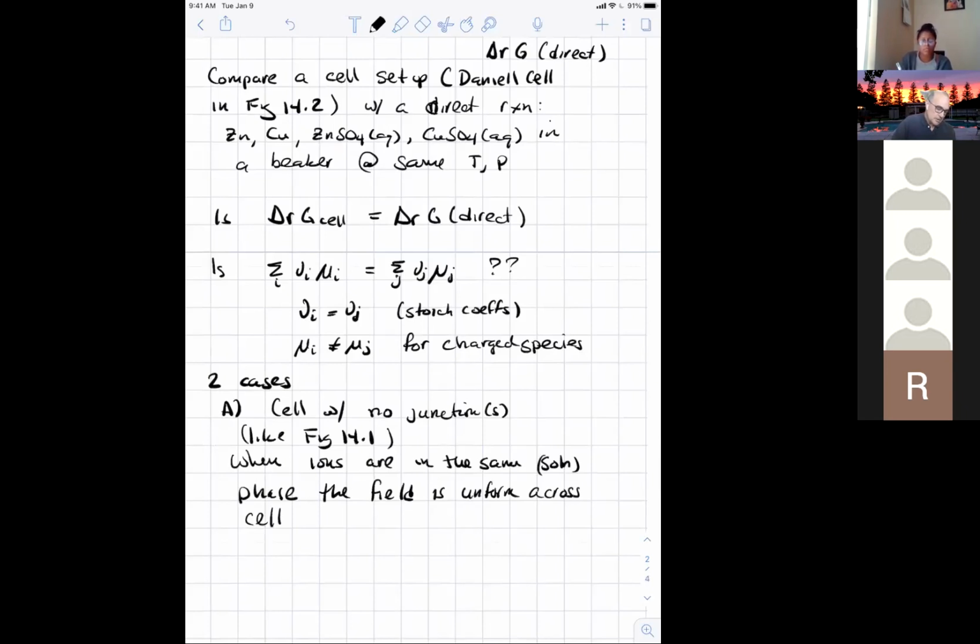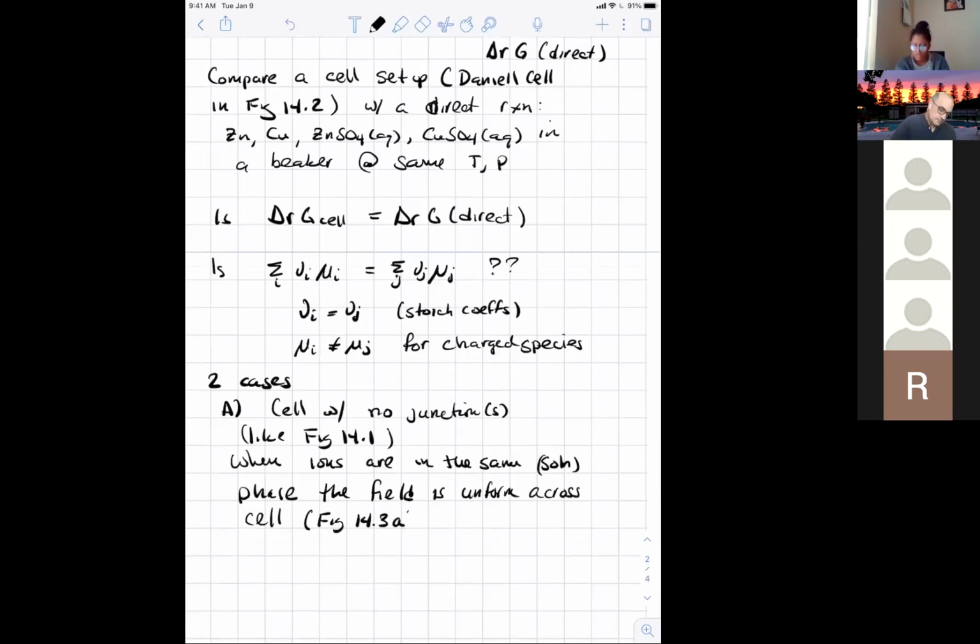So the thing I want you to think about here is, I think it's figure 14.3a. Do you remember where we had the junction potentials at each interface, and they're all horizontal or vertical, right? So across each phase, the potential is uniform. The only place where they change is there's a sudden drop at a junction.